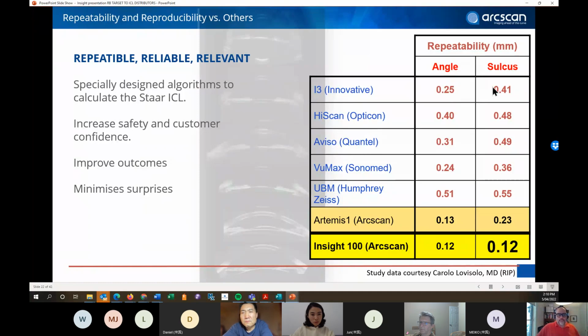And with the Sulcus, 41 microns. That's a lot. When you see the Insight 100, we measured over and over again, and our biggest error would be 12 microns. That will not change the course of the direction. But if you see 51, or 36, or any of these ones, that is a size.